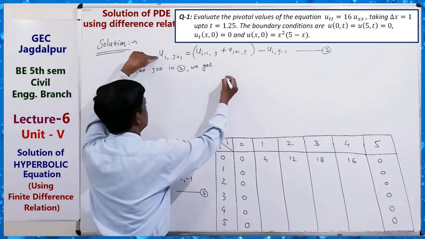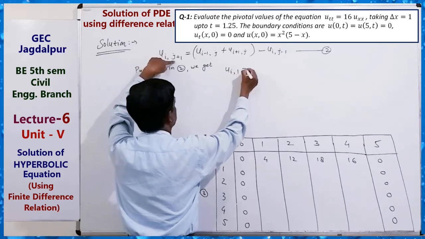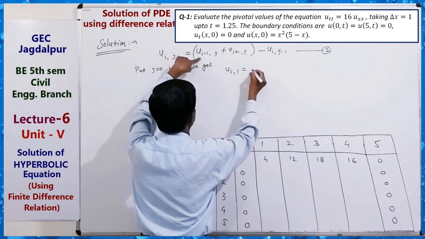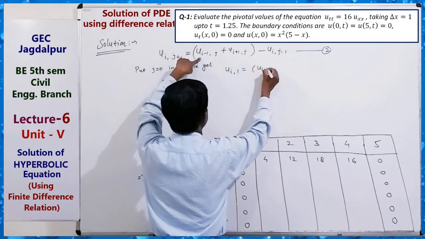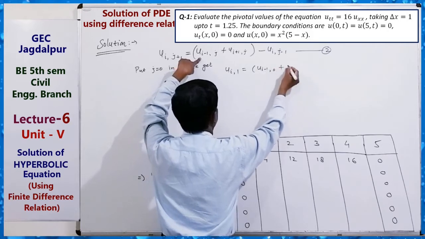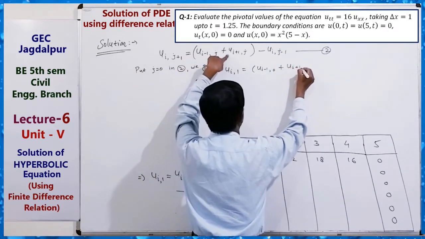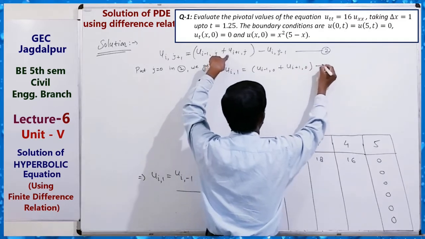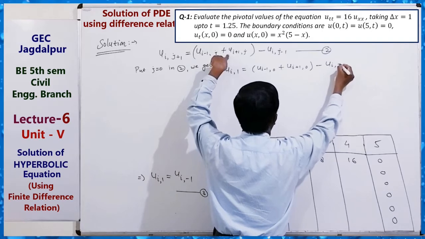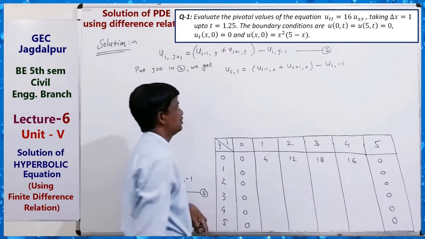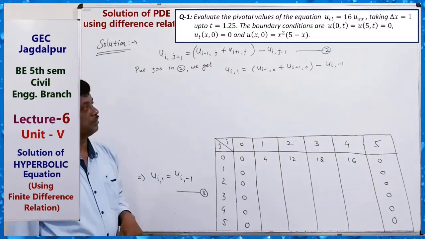We get u I, j equals 0 plus 1 equals u I minus 1, 0 plus u I plus 1, 0 minus u I minus 1, j equals 0.